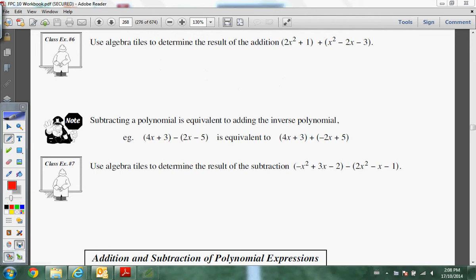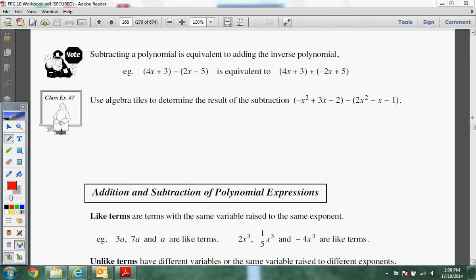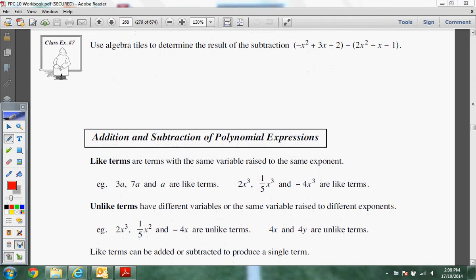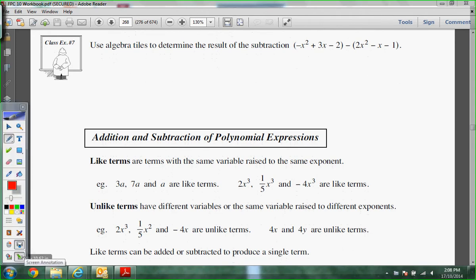One more algebra tile example, and I think that's it. Subtracting a polynomial is equivalent to adding the inverse polynomial. I'm not going to do algebra tiles for this. When you're subtracting a group, you add the opposite, or the negative hits everything. So change the minus to plus, that's a negative, that's a positive, that's a positive.